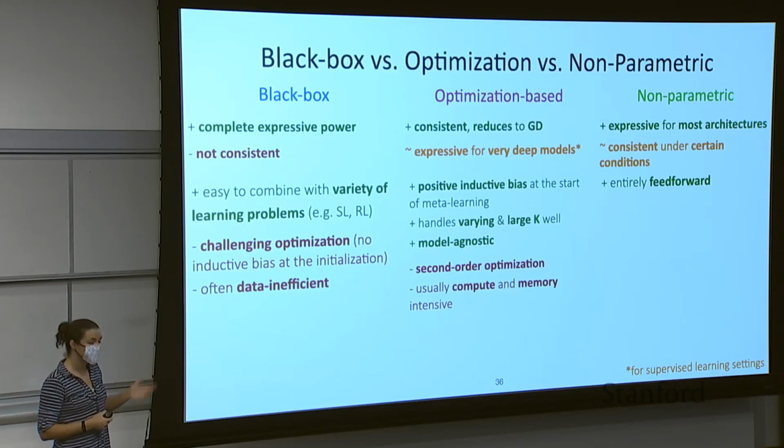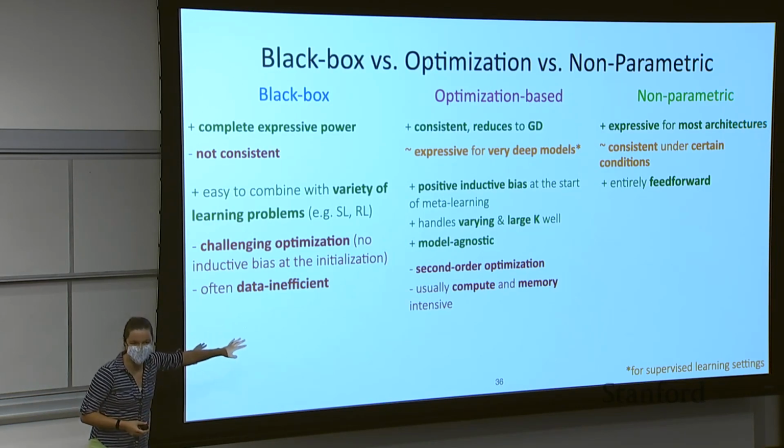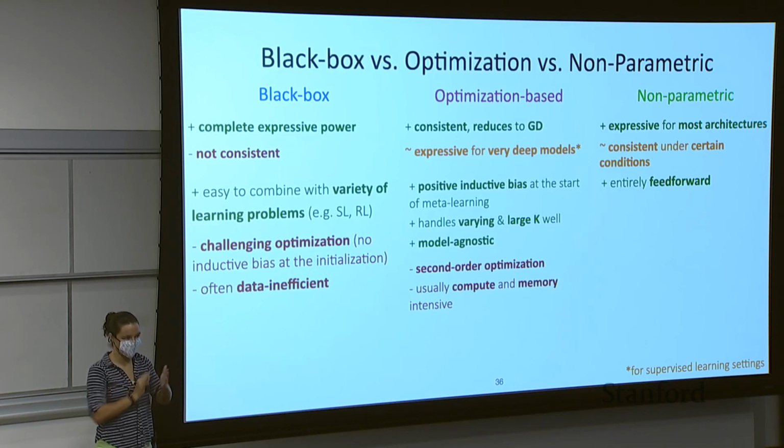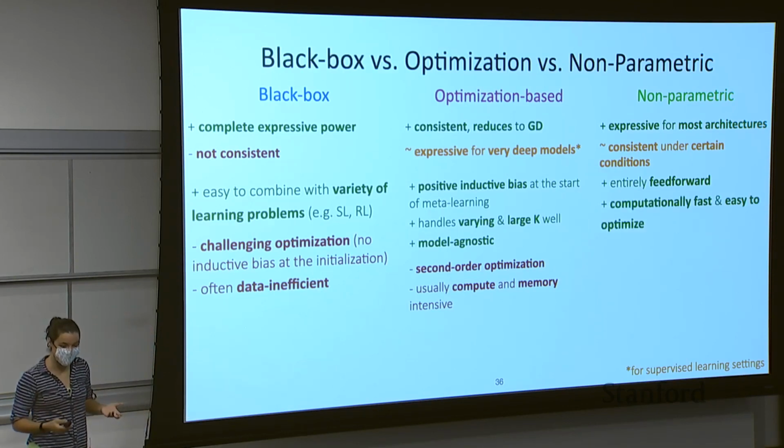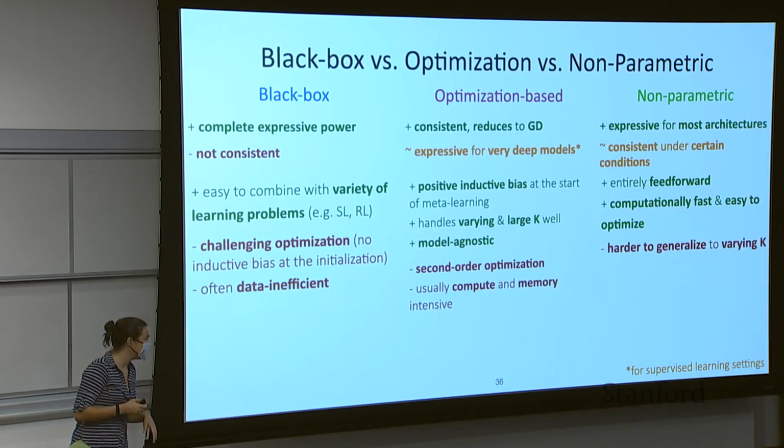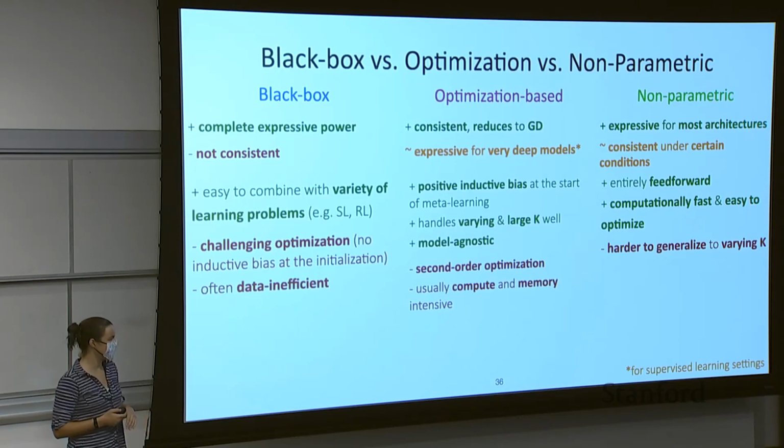And then for non-parametric methods, one thing that's quite nice about them is that unlike something that's doing gradient descent in the inner loop, it's an entirely feed-forward process. Doing nearest neighbors, for example, is entirely feed-forward. And this means that they are usually computationally very fast and also pretty easy to optimize. In practice, people have found that these algorithms sometimes don't generalize well to varying k.